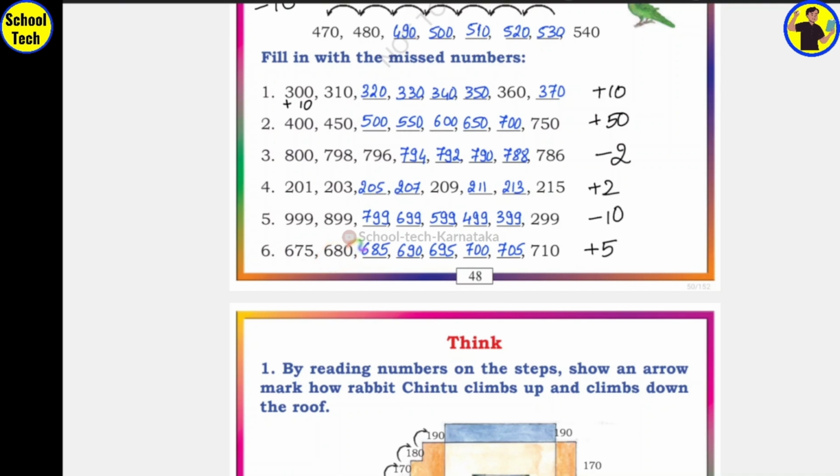If we add 5 to 680, we get 685. 685 plus 5, 690. 690 plus 5, 695. 695 plus 5, 700. 700 plus 5, 705. 705 plus 5, 710.